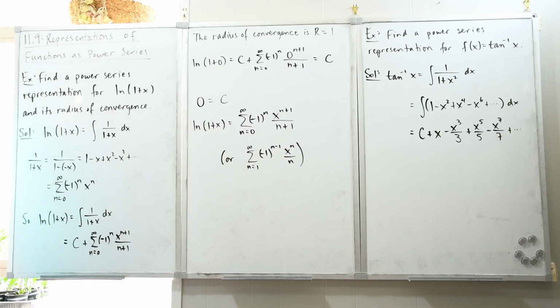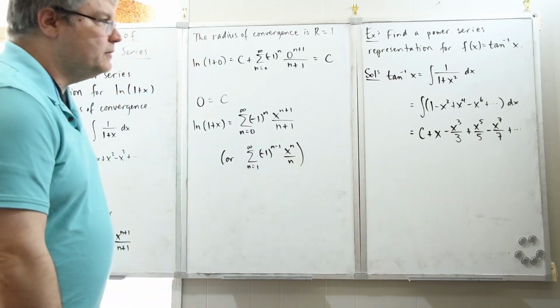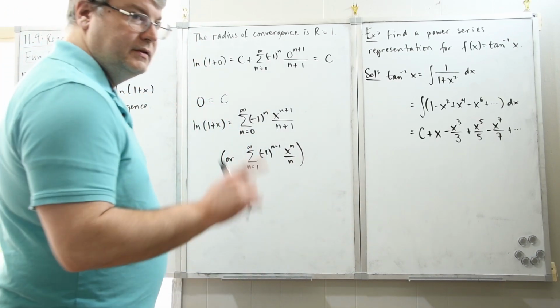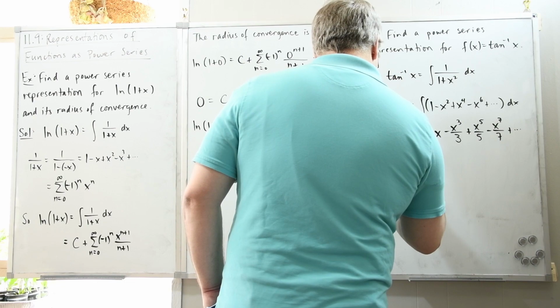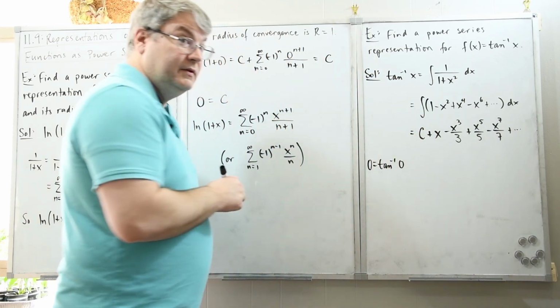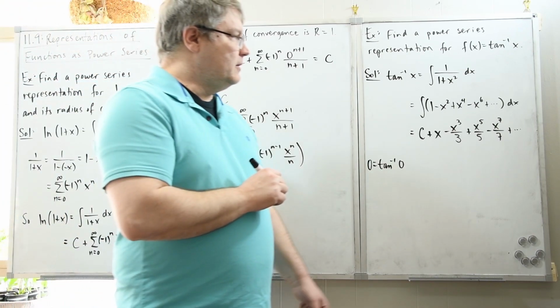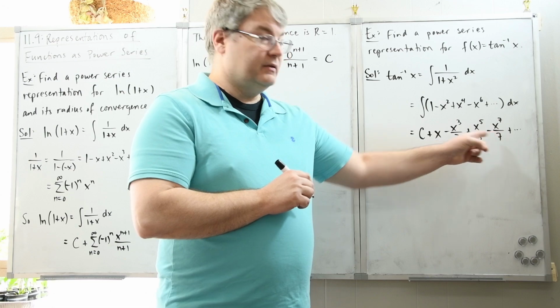And so I guess we could ask the question, is there anything we can do with this constant c? And the answer is yes. Because let's keep in mind that if we were to take a look at the inverse tangent of 0, that's the same as 0. But inverse tangent 0 would also be what we got if we were to replace all the x's here with zeros.